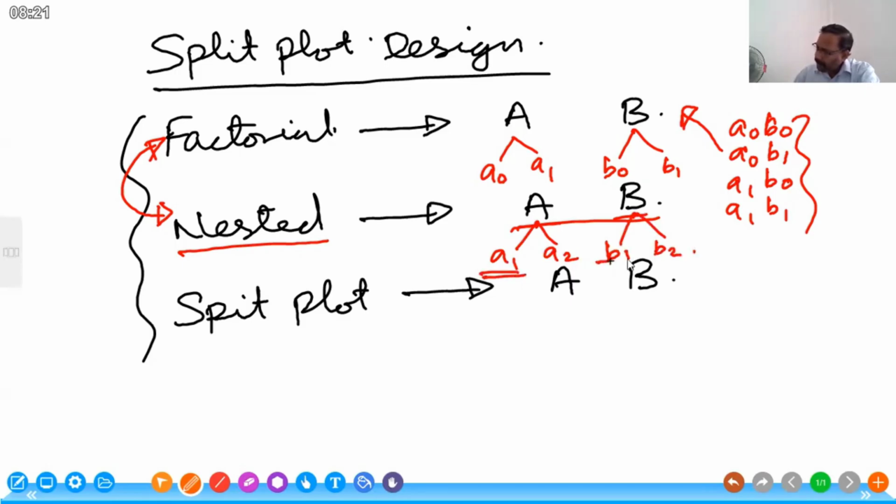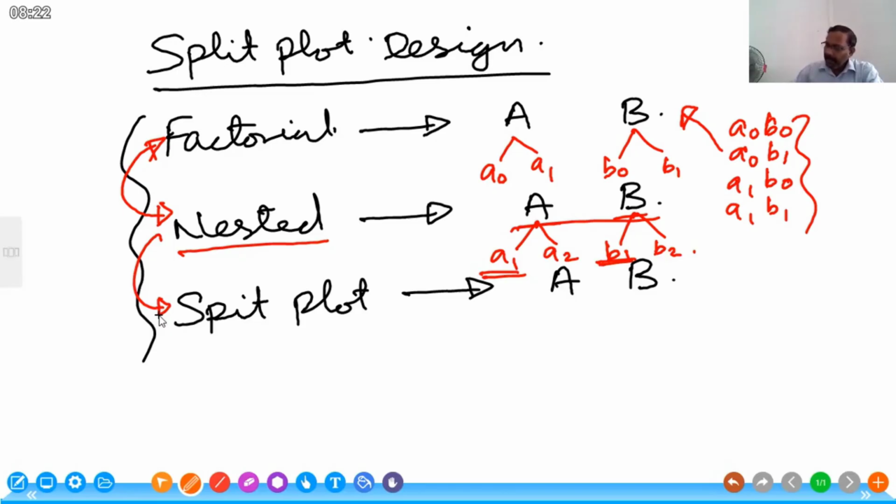So A1 is not same as B1, so that we cannot produce all possible combinations. Right? So that is the problem in nested. The split plot, today we will see, we can make all the possible combinations, but the precision of testing will be different.